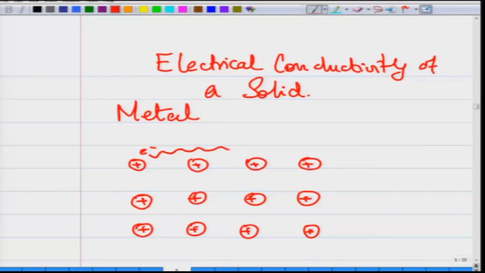The electron is free to wander around inside the solid. So, what you have are positive ion cores and these electrons which are wandering across the lattice.